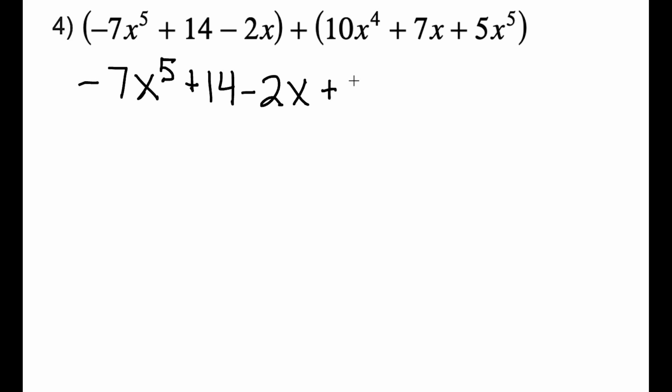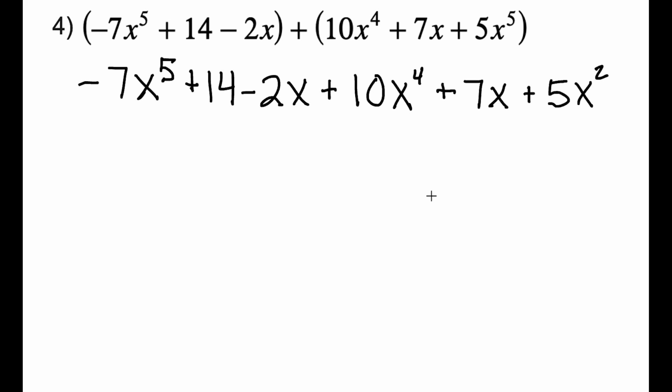So bring down all your terms without the parentheses: negative 7x to the fifth plus 14 minus 2x plus 10x to the fourth plus 7x plus 5x squared.